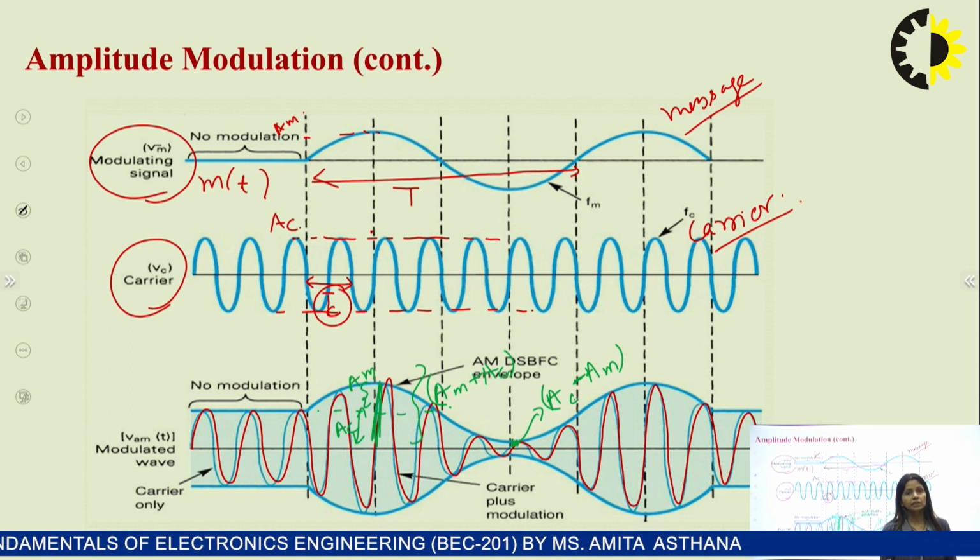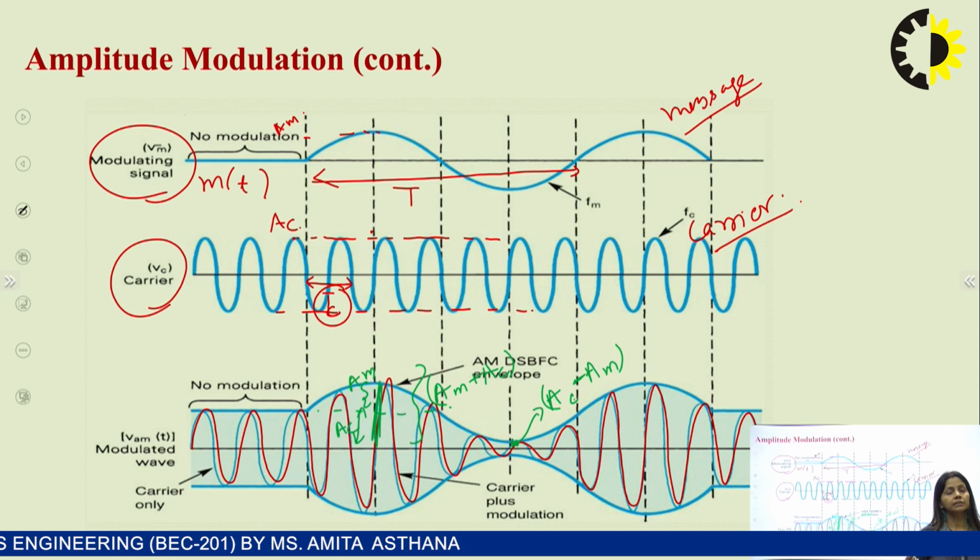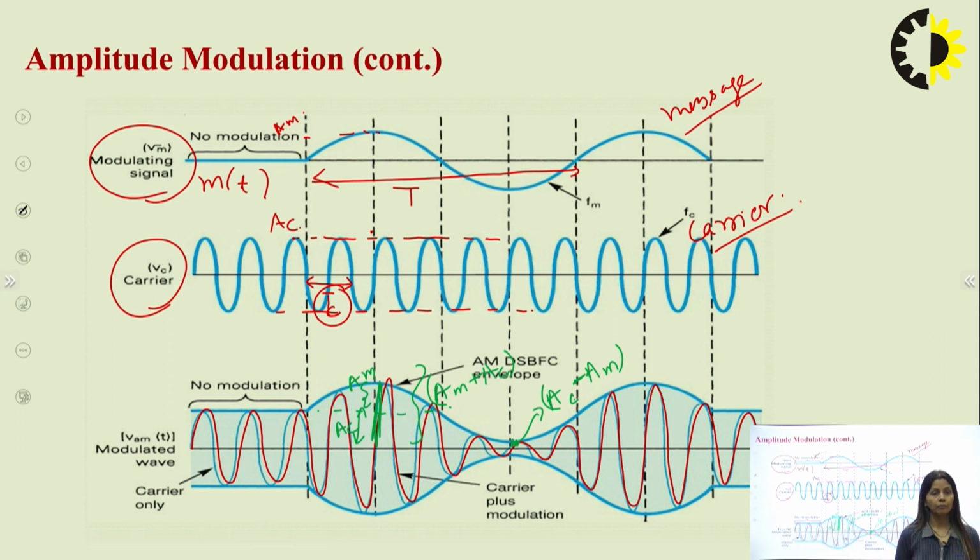Now since I am transmitting both the side bands, which I will explain later, this has the lower part as well as the upper part. So instead of transmitting only the carrier wave, I have modified the amplitude of the carrier wave in accordance with my message signal, and now I am going to transmit this modified carrier wave.